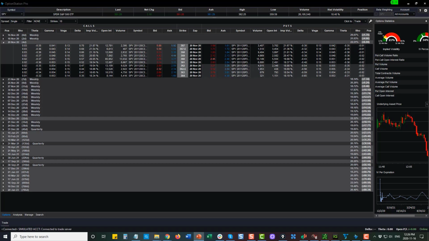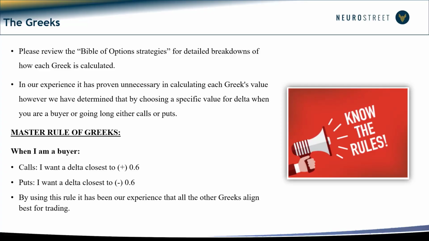So, a couple things here. You want to know the rules. Remember I said, please review the Bible of Option Strategies for detailed breakdowns of how the Greeks are calculated. If you want to go to school on this stuff, and you want to look at the Black-Scholes model and some of the more advanced statistical pricing models that they teach you in corporate finance, trust me, I spent 3 years in corporate finance, studied statistics, studied options, and the valuation of options models.